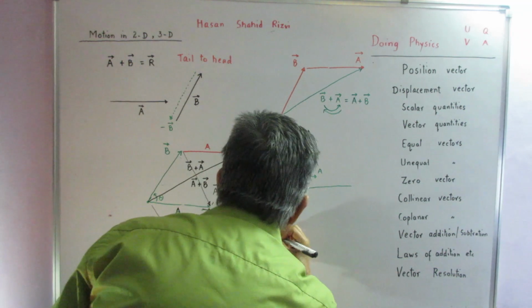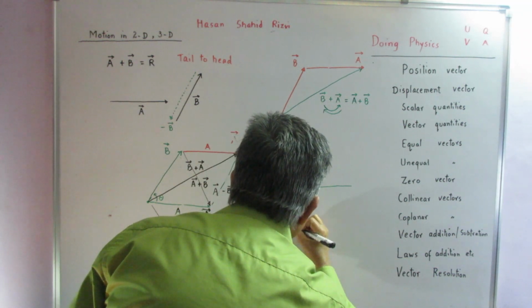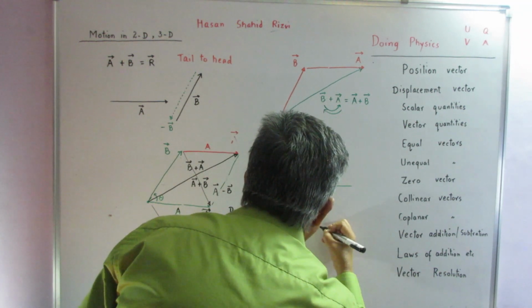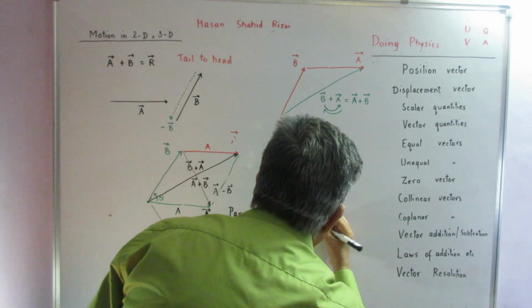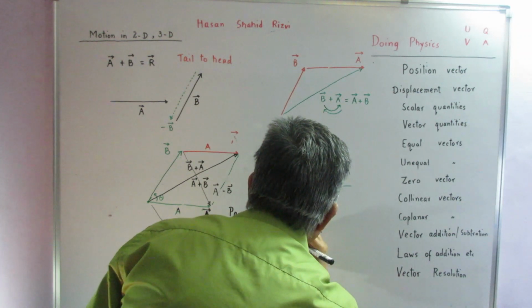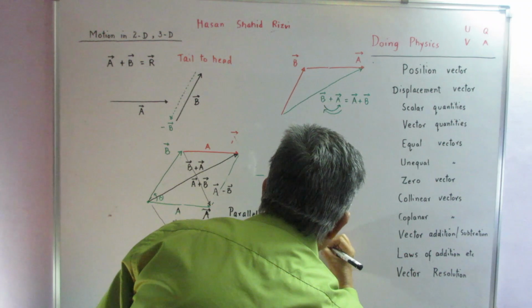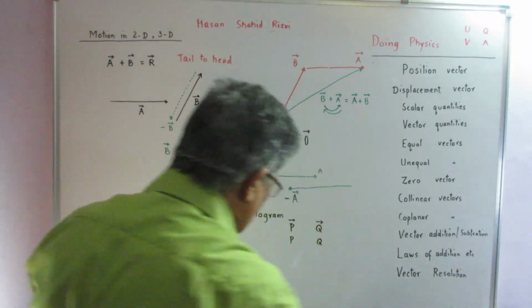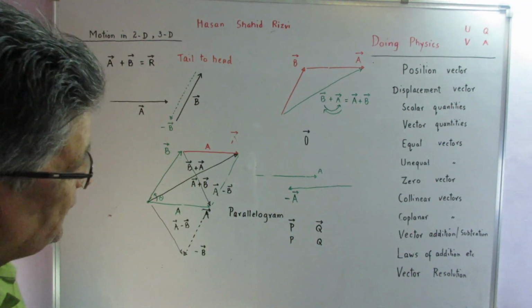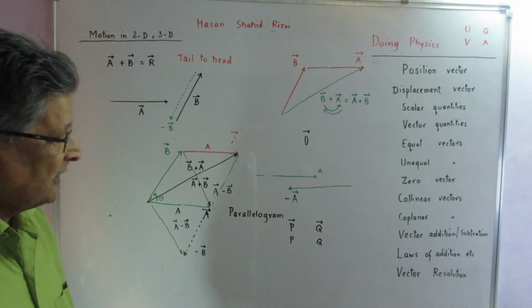So I'll say that if we have got two vectors, P and Q, with magnitudes P and Q respectively, the variety of course is the same: force, velocity, acceleration.